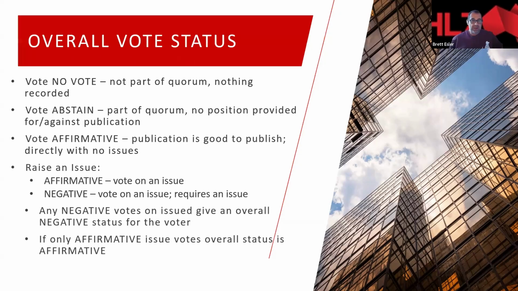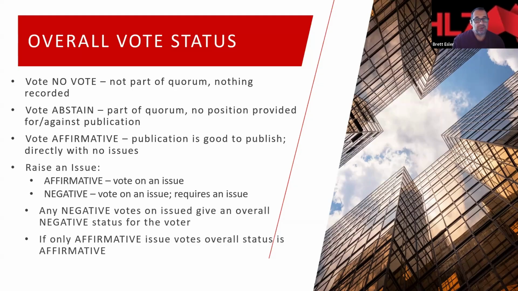So the ways you can vote in the ballot. Initially, you start off with a no vote recorded against you. That means you have basically not voted yet, and you are not part of the quorum. There's nothing recorded in terms of your participation. For this ballot, you can also vote abstain.